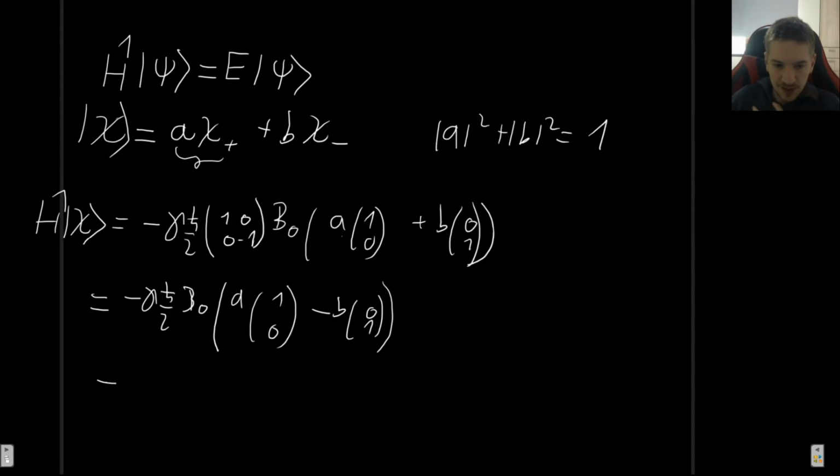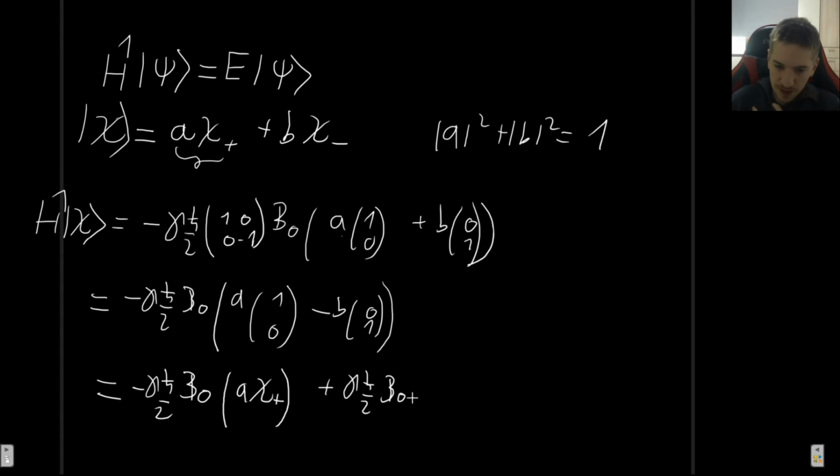So now we can actually see that what we get is minus gamma h bar over 2 B0 times A times the up state, and then we have plus gamma h bar over 2 B0 times B times the down state. So we can see that the eigenvalues of the Hamiltonian operator, since these right here are simply our states, are going to be what is right next to it.